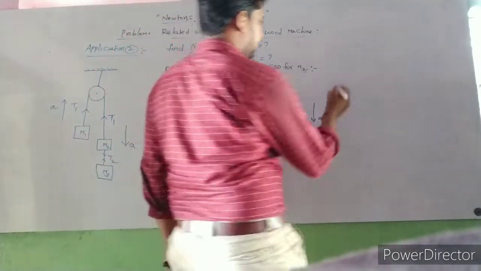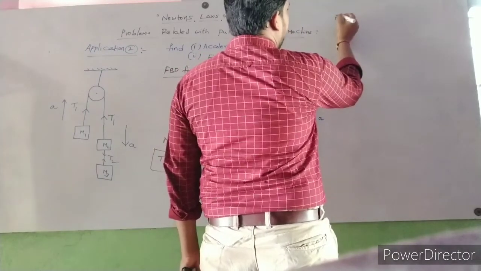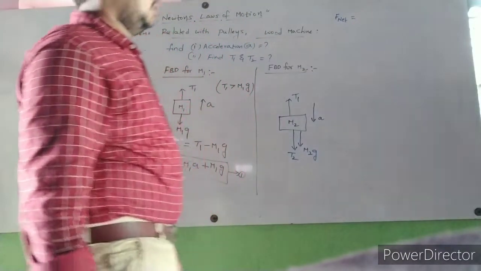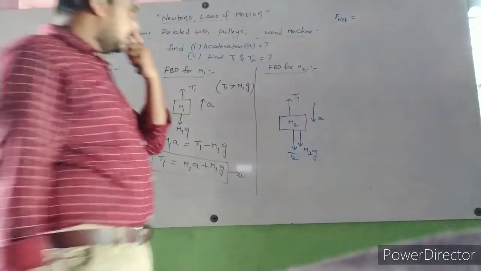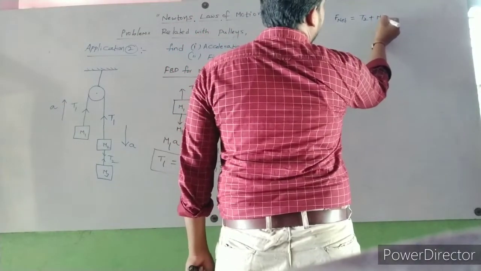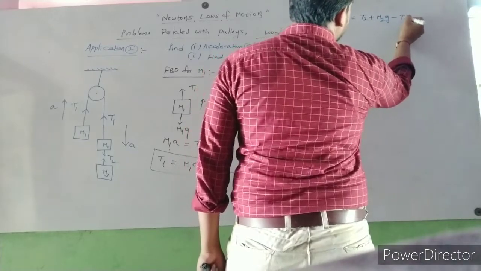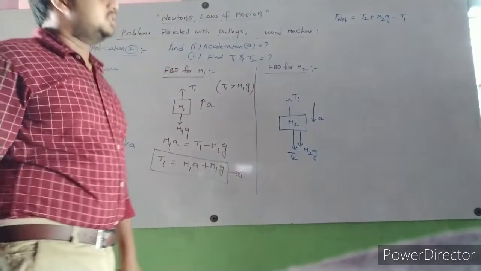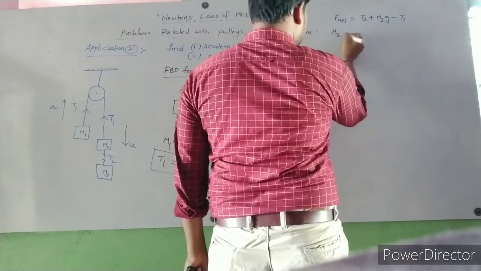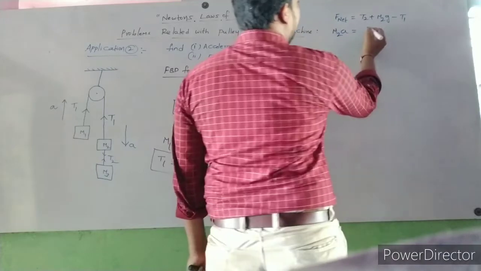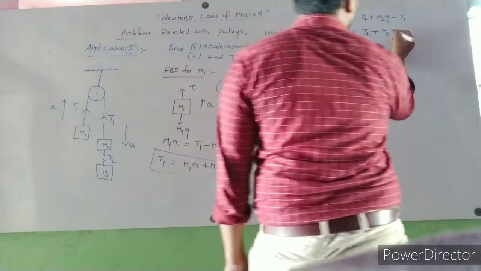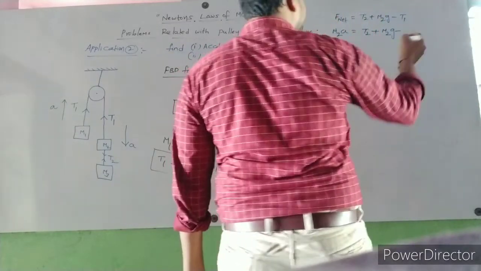Now from this, the net force is equal to, which is greater here? T2 and M2G are greater. So that means T2 plus M2G minus T1. So F net means M2 into A equals T2 plus M2 into G minus T1.